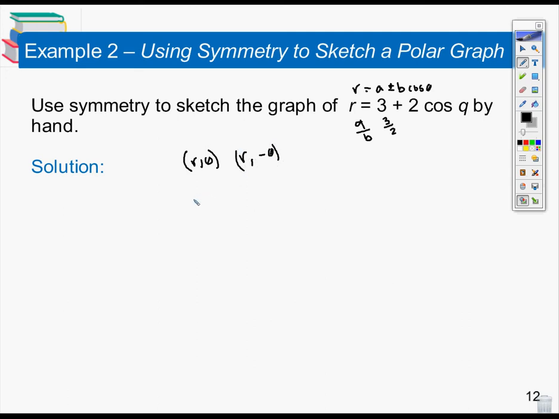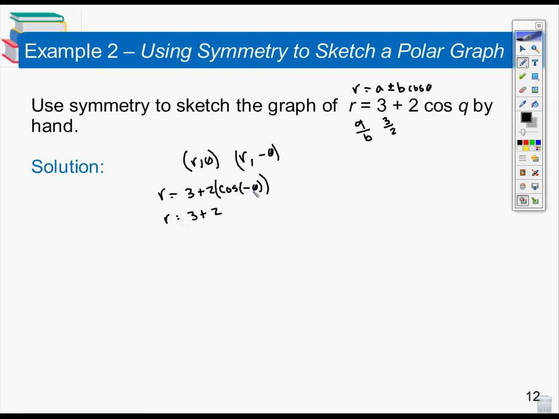Okay, so I go to my equation, r equals 3 plus 2 cosine, and instead of theta, I'm going to put negative theta. Ready? So I replaced r with r, that was easy. I replaced theta with negative theta. Now, what do I get? Am I still going to end up with the same equation? It's going to be r equals 3 plus 2 cosine of negative theta.